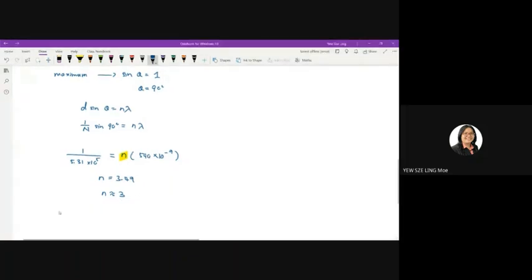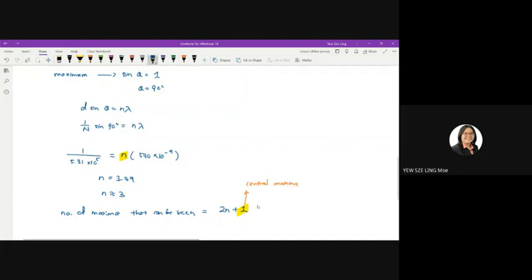Now the question is asking for the number of maxima, which are the bright fringes that can be seen. So that is equal to 2n plus 1. Why plus 1? Because this one belongs to the central bright fringe, your central maxima.